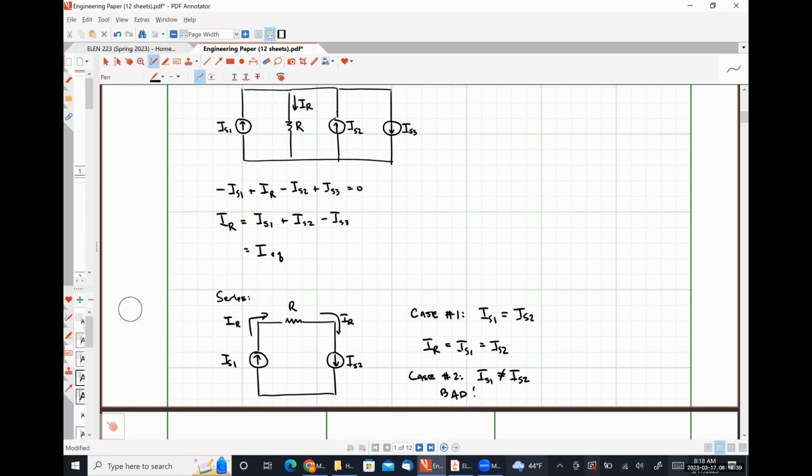analysis rules are broken. I cannot think of any practical case where it is even conceivably possible to connect two current sources in series that aren't carrying the same current. Okay? Connecting current sources in series, the only example that I can think of would be a cascode transistor amplifier.